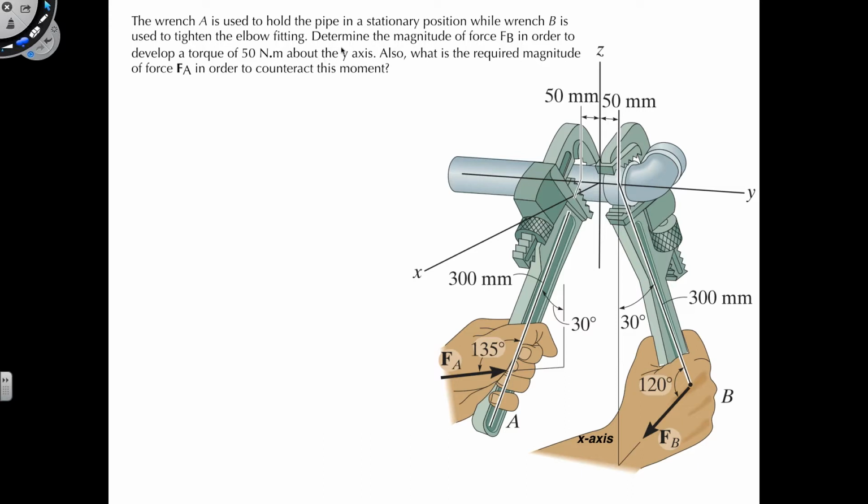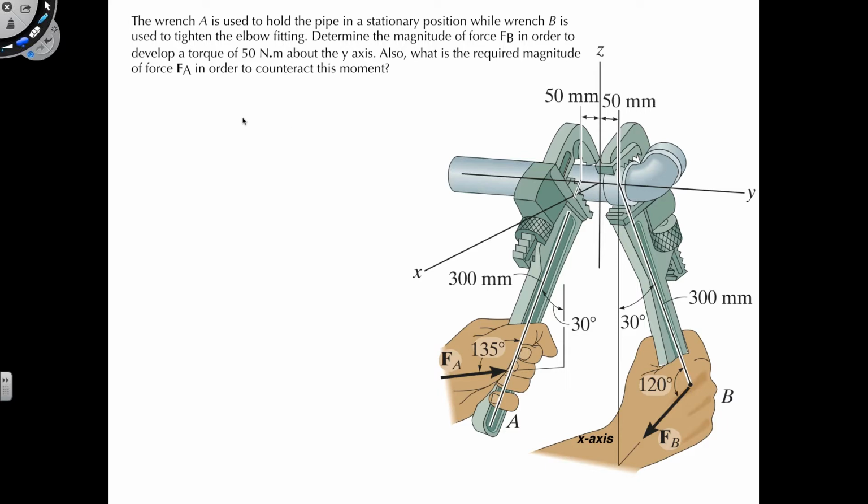Now let's start. This question is divided into two parts. The first part says determine the magnitude of force FB in order to develop a torque, which they mean a moment, of 50 Newton meters about the y-axis.